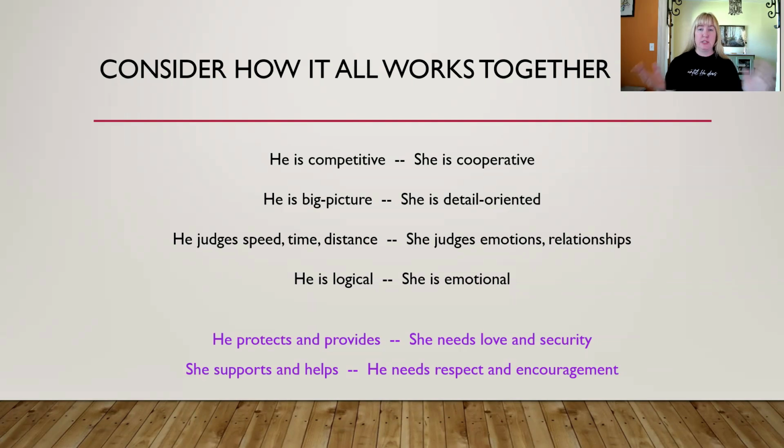And again, it's interesting too that while each individual is on a spectrum based upon their gender, I often find that they still mirror each other when it comes to a husband and wife and how they come together. So he's called to be the protector and the provider, and her primary emotional need is love and security. She's called to support and help, where his primary emotional need is going to be respect and encouragement.